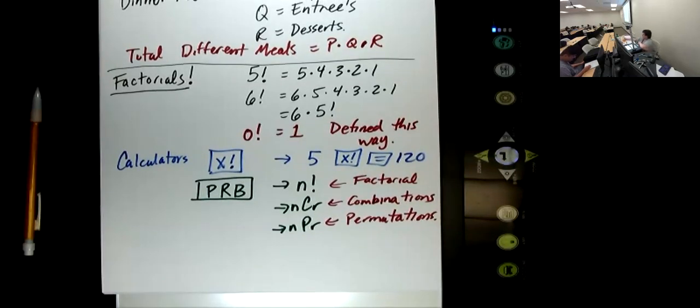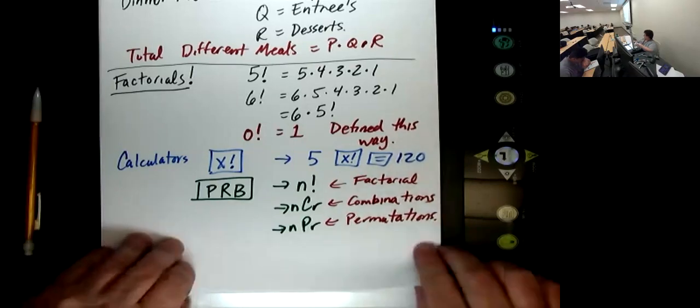So I'll give you a second to finish writing that down and then we'll turn the page and start going over permutations. All right. Does anyone need that longer before I start yanking it?